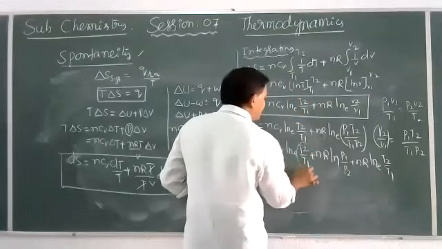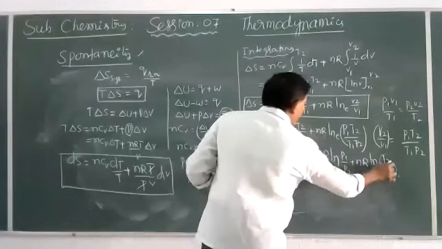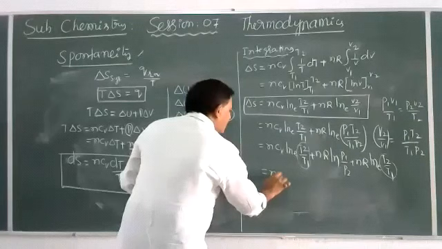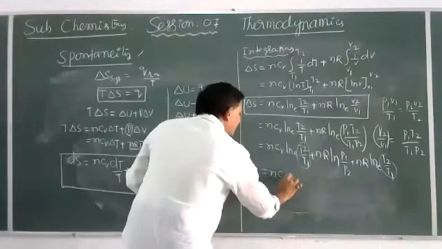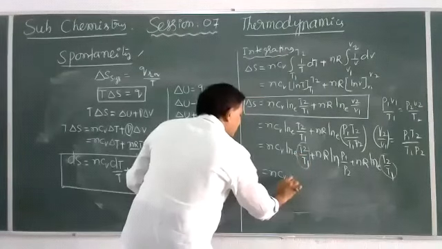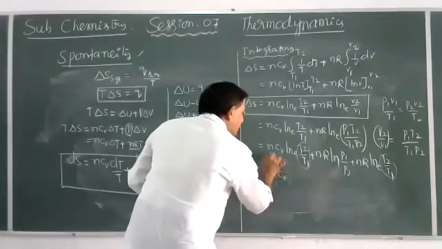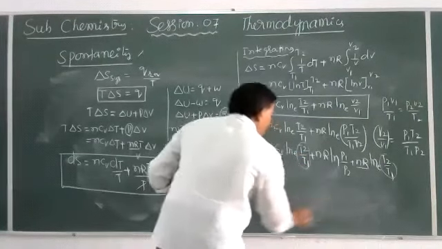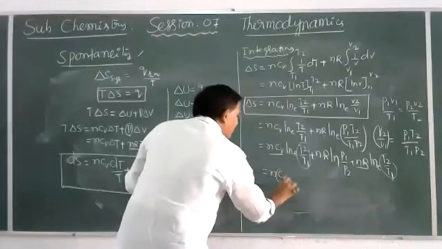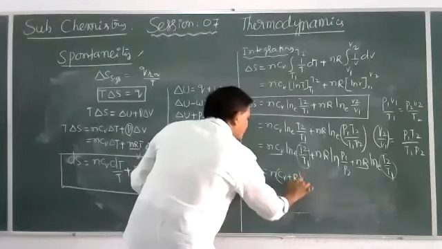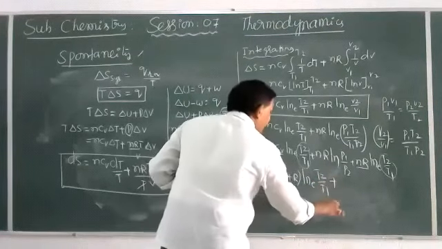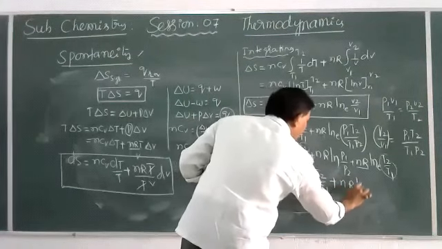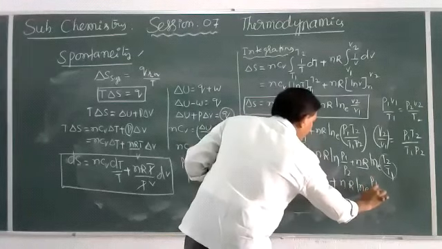Here ln T2 by T1 is common, so we can take nCV and nR common: n CV plus R into log base e T2 by T1 plus nR into log base e P1 by P2.